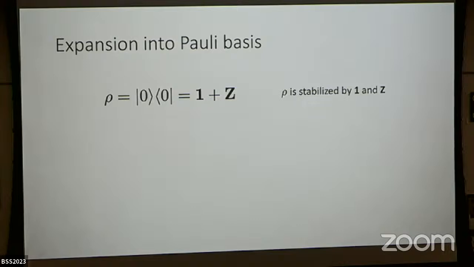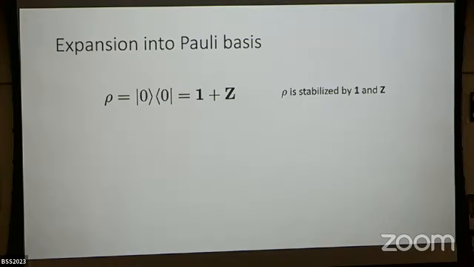I'm still not sure I understand your question, but I think the answer is generically no. But maybe we can talk about it after. Okay, I'm still not sure what you're asking. Okay. Any other questions about measuring magic at this point?